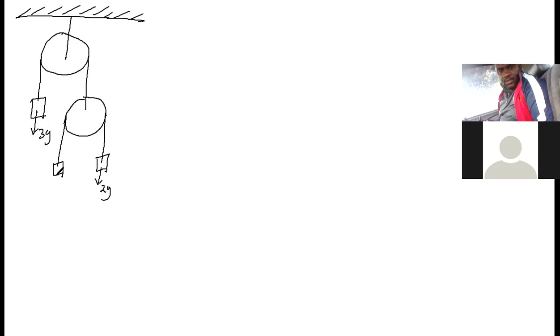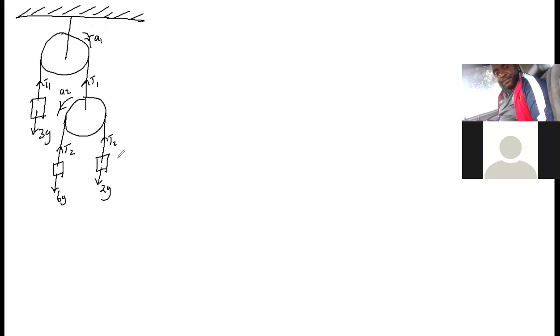This one has 2G. This one has 6G. This has tension T2. This has tension T2. This has tension T1. This has tension T1. It was rotating with A1 as this one goes down. This one is rotating this way with A2.